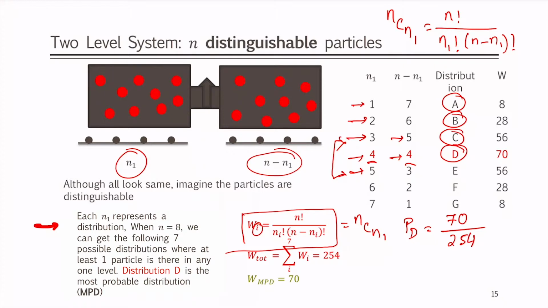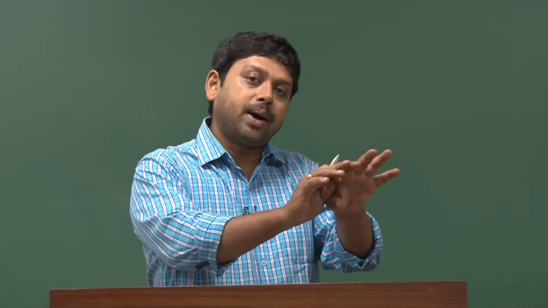So, that is the probability of D. What is the probability of A? It is just 8 by 254. So, therefore, if you see, distribution D is most probable. That is why it is called the most probable distribution, where half the particles are on one side and half the particles on the other side.